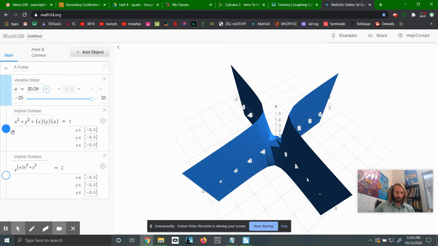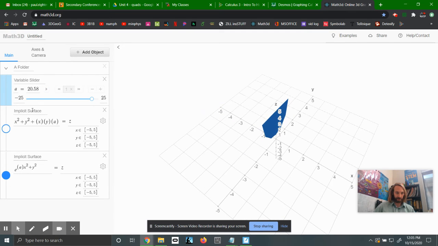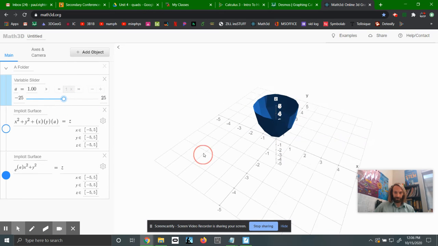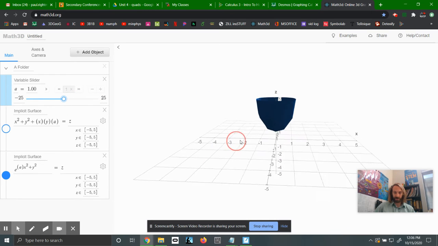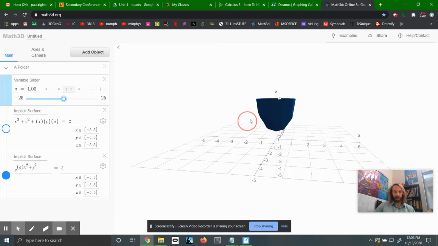And I won't spend super long doing this on the other one, but you can do this for the other one as well. So this is set to C equal, or A here equals 1.